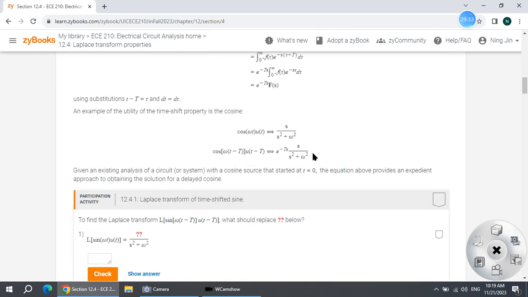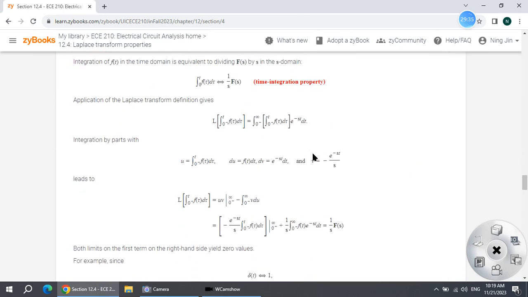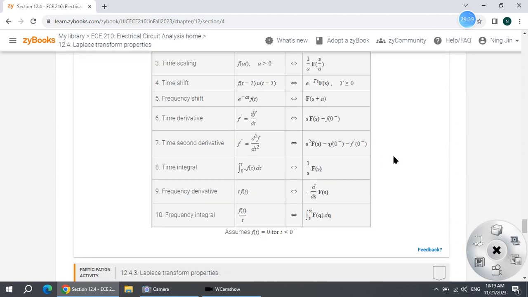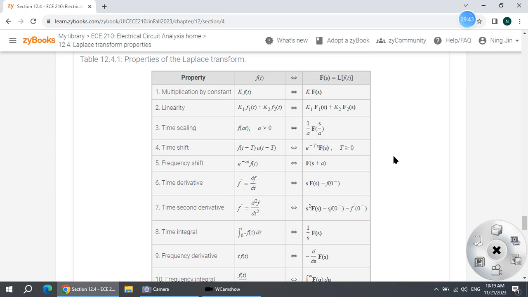Okay. The property, they have a table. Actually, we just go directly to the table. Okay, here. Which one do we have with e to the negative s? Here, you see? E to the negative Ts times F of s. Then go back, it will be this one.